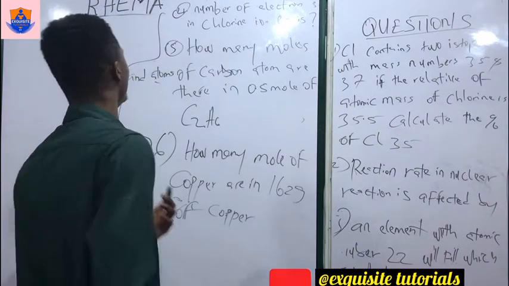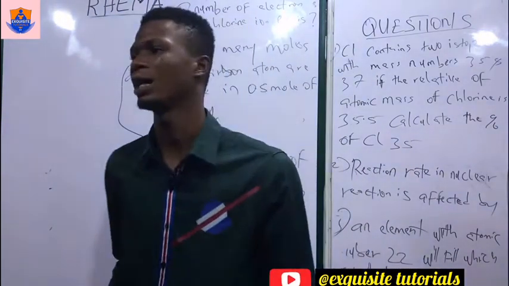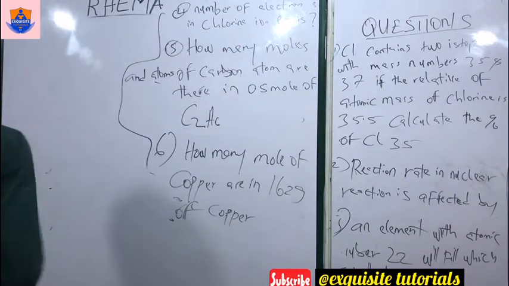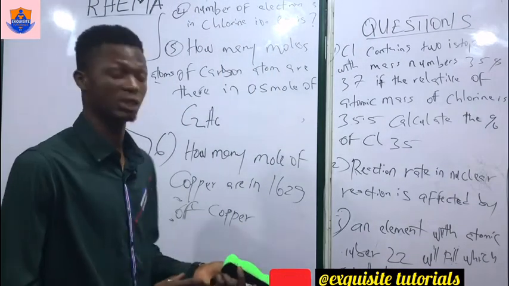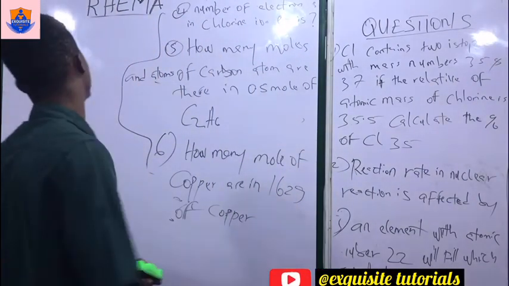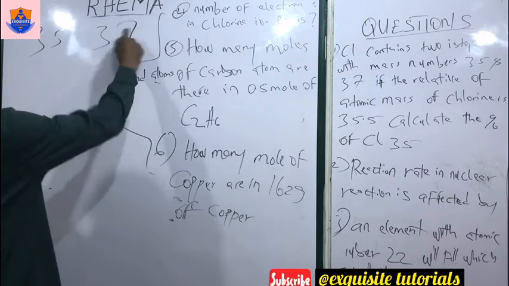Or let's say we are given their percentage and we are asked to calculate their relative atomic mass. First, let's work with the ratio and then the percentage, because these are the three ways that they can set questions for you when it comes to isotopy.